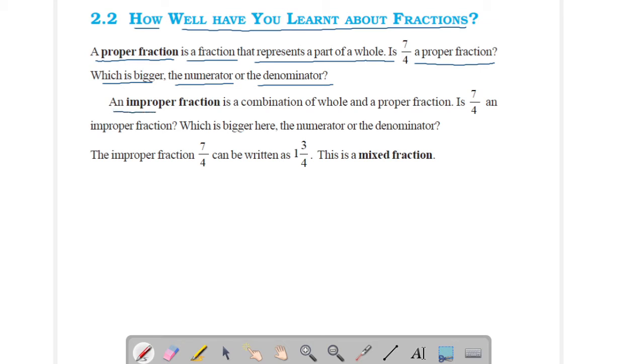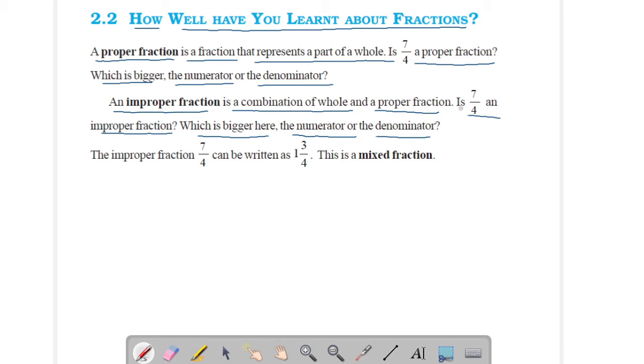An improper fraction is a combination of a whole and a proper fraction. Is 7 upon 4 an improper fraction? Your answer is yes. Which is bigger here, the numerator or the denominator? Here the numerator is greater than the denominator.